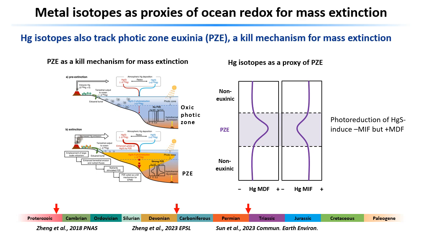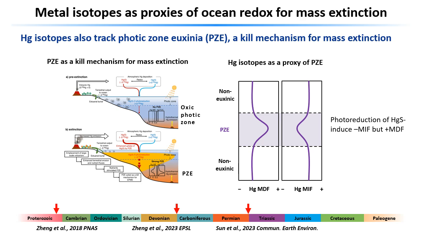Generally, in PZE conditions, mercury would mainly bind to sulfur-containing ligands. The transformation, especially the photoreduction of the mercury-sulfur complex, would induce a negative odd-MIF, but a positive MDF.